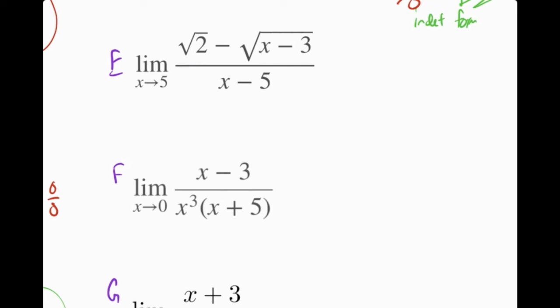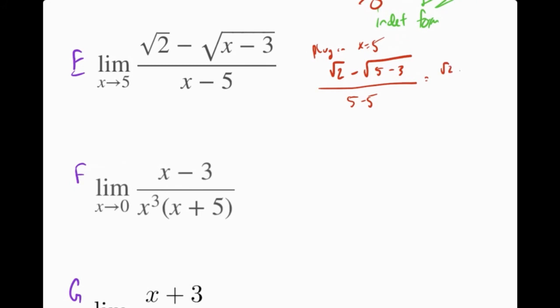All right, here's what I'm going to do to answer this question, y'all. I'm going to plug in x equals 5. And we'll find I have root 2 minus the square root of 5 minus 3 over 5 minus 5. That's root 2 minus the square root of 2 over 5 minus 5, 0 over 0, indeterminate form.